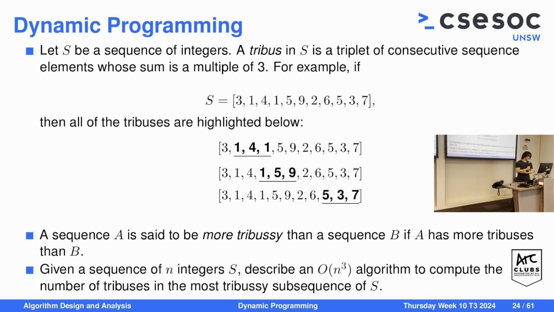So we have this question: let S be a sequence of integers. We define a tribus in S as a triplet of consecutive sequence elements whose sum is a multiple of 3. For example, if we have this S up here, then all of the tribuses are highlighted below. So we have this first 1, 4, 1. This adds up to 6, and we have 1, 5, 9.